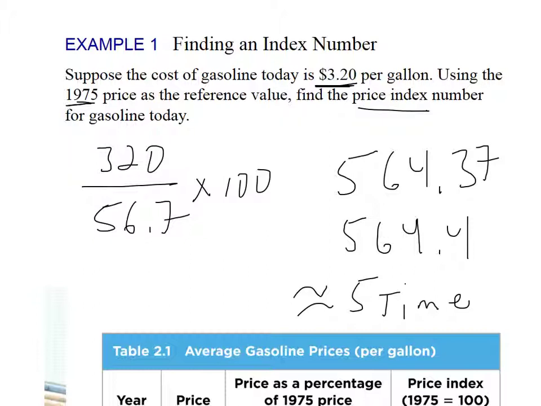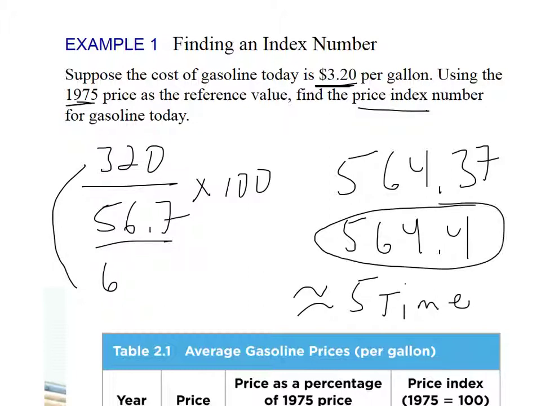I'm doing a little bit of rounding here, but 56.7 is about 60, and 60 goes into 300 5 times, and it'll be a little bit more than that. So that's a reasonable amount, and that kind of makes sense. So that's going to be the index price. I guess I would go to one decimal place, but I forget, this is a MyMathLab question. You'll have to pay attention to the number of decimal places they're looking for.